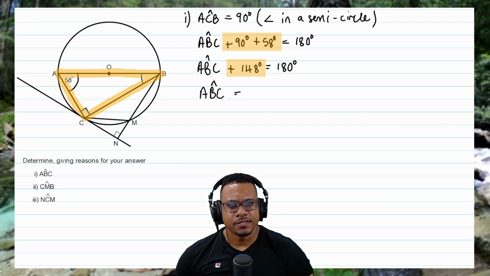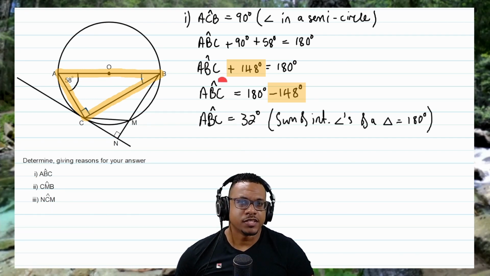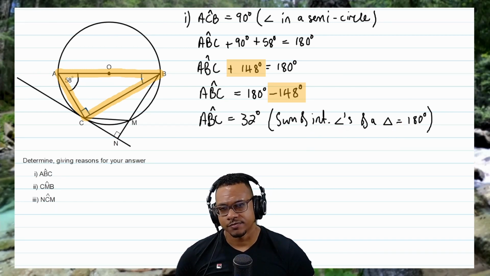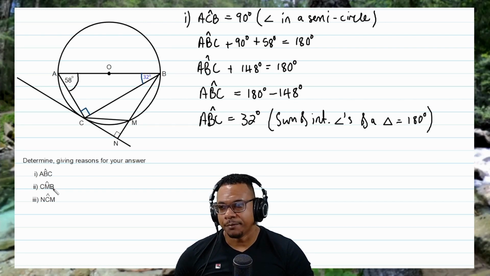So I'll have angle ABC is equal to 180 degrees, take away 148 degrees. So angle ABC is equal to 32 degrees. And my reason for doing this working would be that the sum of the interior angles of a triangle is equal to 180 degrees.